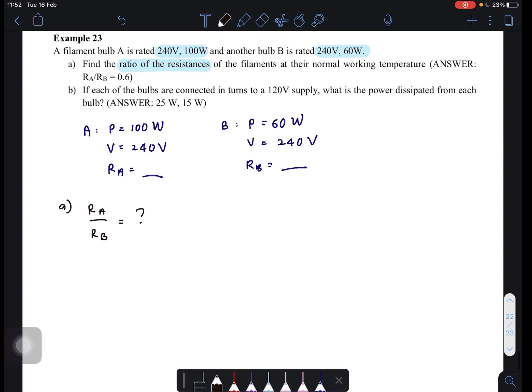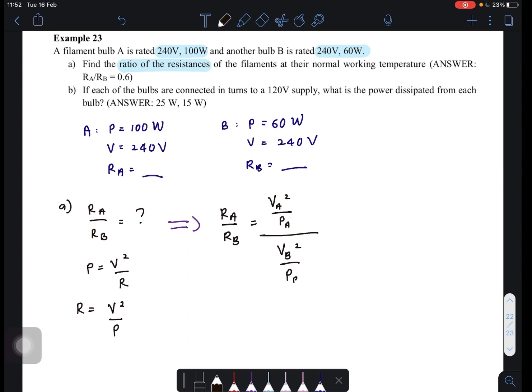Okay, so using the formula P is equal to V square over R, we rearrange this formula. Resistance will be equal to V square over P. So using this, RA over RB will be equal to VA square divided by PA over VB square divided by PB.